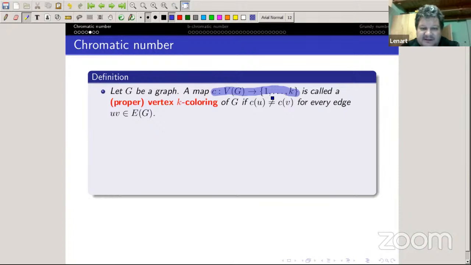And such a map is a proper vertex coloring. I will later not use the word proper, because every coloring I will talk about here is a proper one. So just a vertex k-coloring if two adjacent vertices receive different colors. So if we have an edge in a graph, then its end vertices must receive different colors.